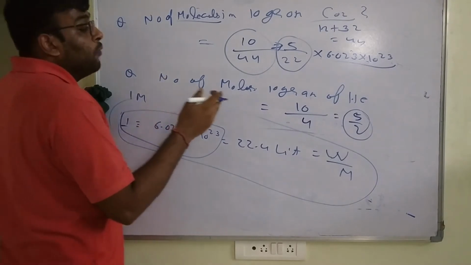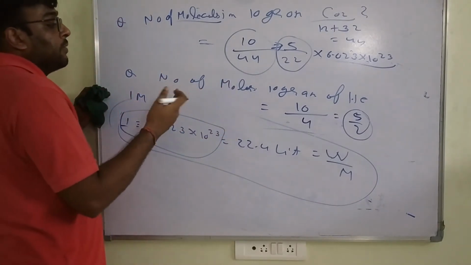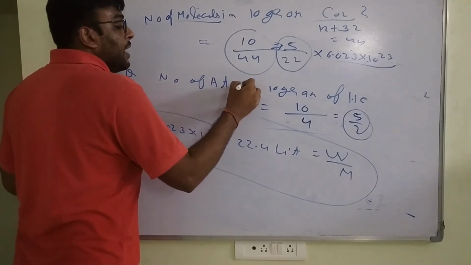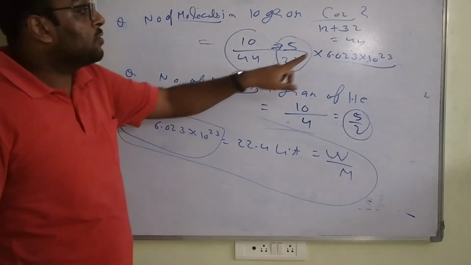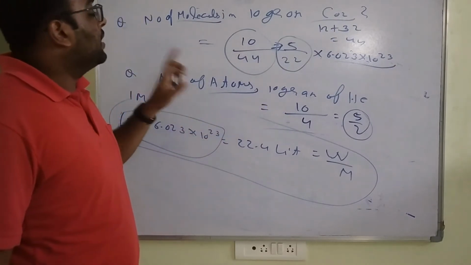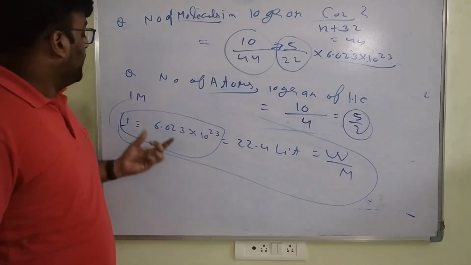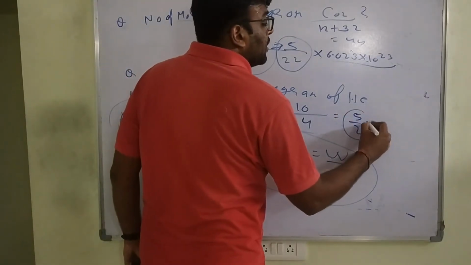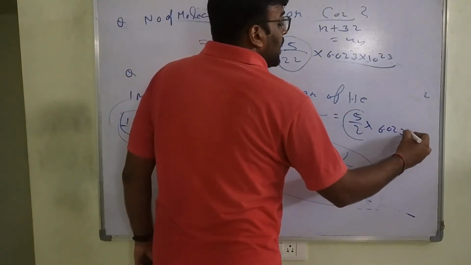Suppose I ask for the number of atoms: because helium is monoatomic, it does not exist as a molecule. If I am asking about the number of atoms, we know that 1 mole is equal to this value, and we simply multiply by Avogadro number.